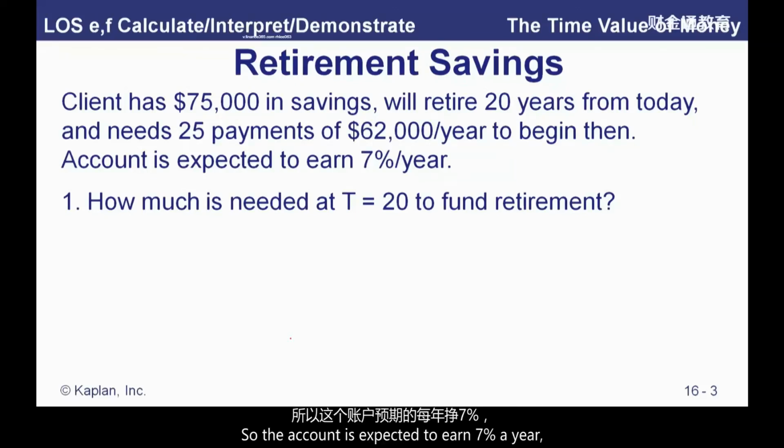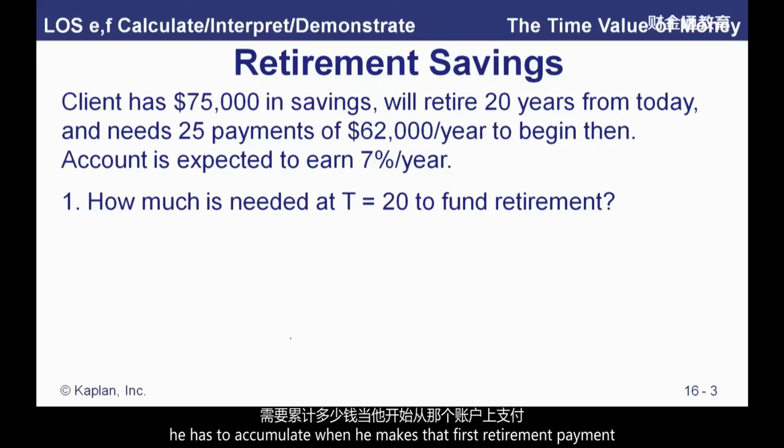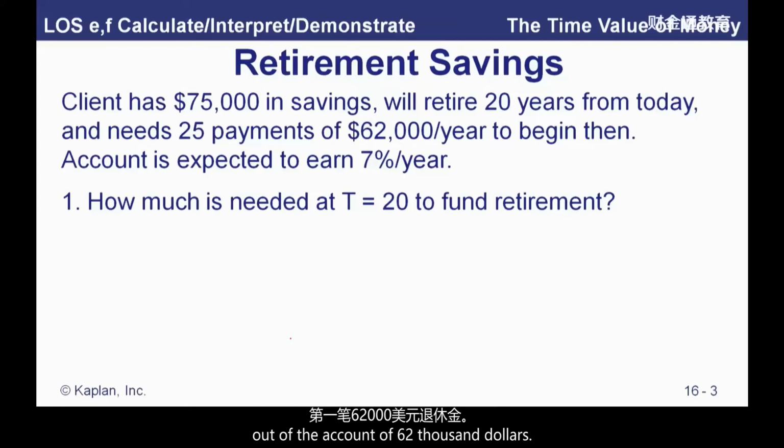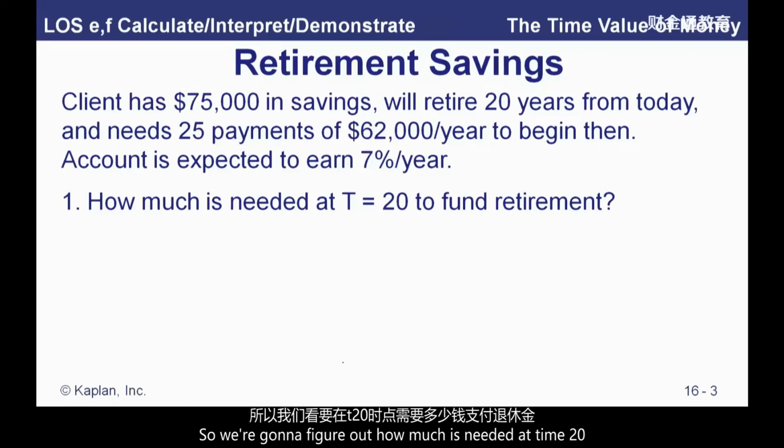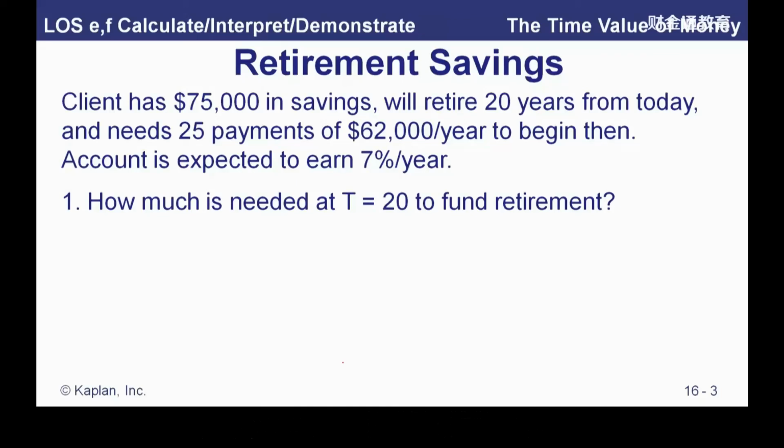The account's expected to earn 7% a year. So we're going to break this down into two pieces. First, we're going to take that retirement income that he needs and figure out how much money he has to accumulate when he makes that first retirement payment out of the account of $62,000. So we're going to figure out how much is needed at time 20 to fund retirement.